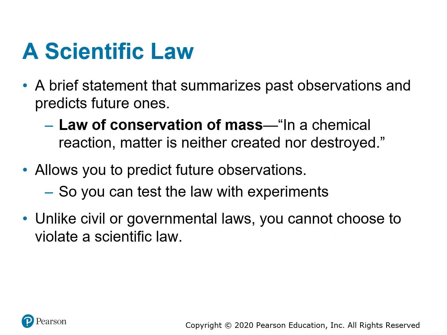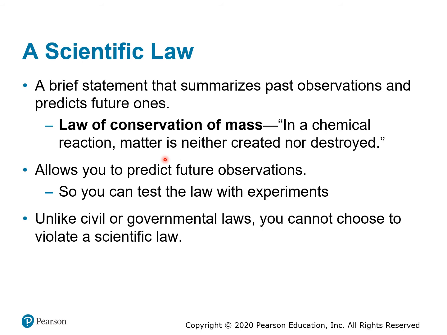What are scientific laws? A law is a brief statement which summarizes past observations and predicts future observations. For example, the law of conservation of mass, which, as the name suggests, talks about the conservation of mass. It says that matter is neither created nor destroyed in a chemical reaction.